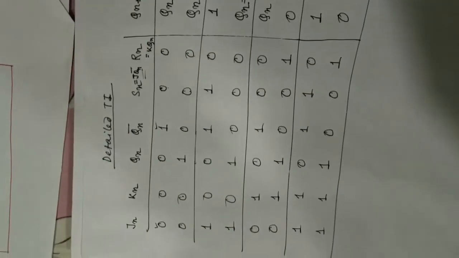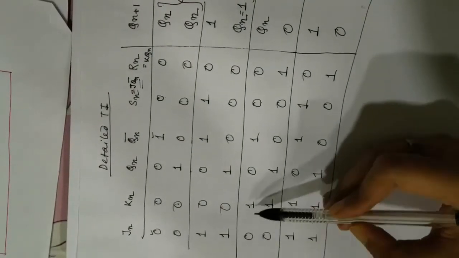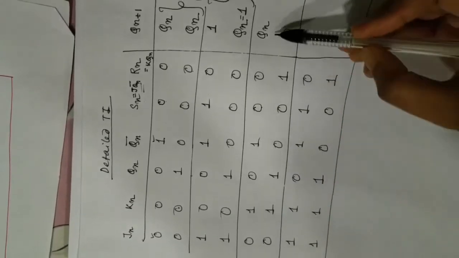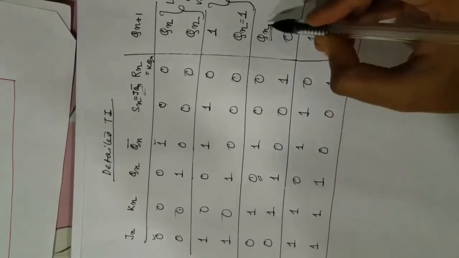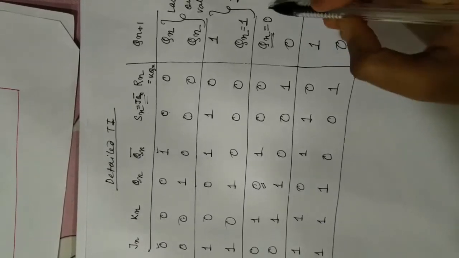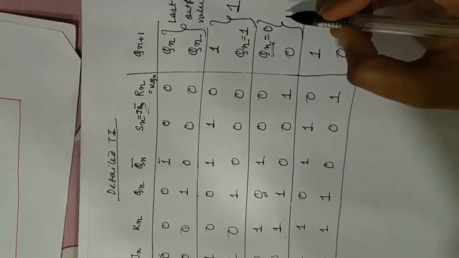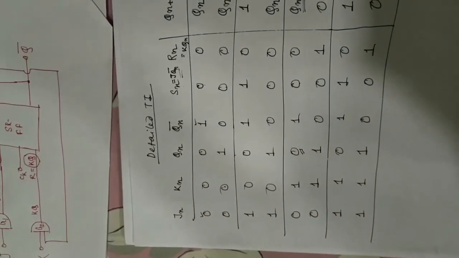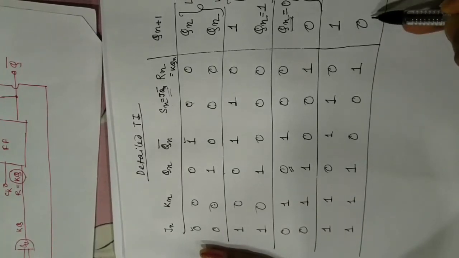Similarly, if we look over here, our J is equal to 0 and K is equal to 1, we get a Qn, and just look back, the value of Qn is 0, so over here we get a 0, right? And we have a 0 over here. That means when J is equal to 0 and K is equal to 1, our output is a 0. Now if we look into the last row, when J is equal to 1 and K is equal to 1, we get a 1 and a 0, right?